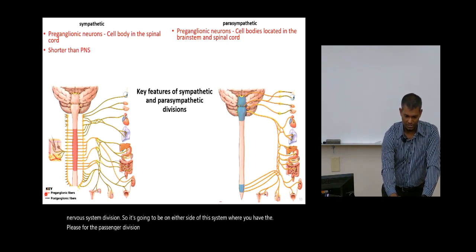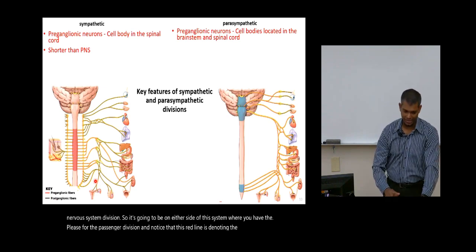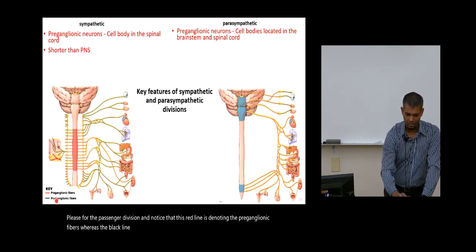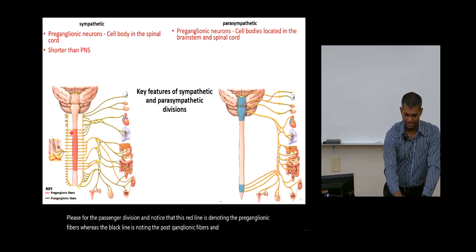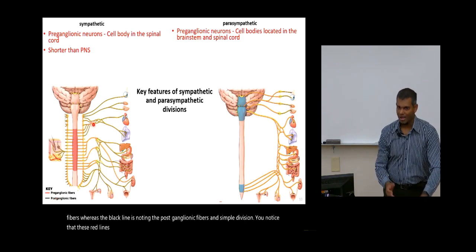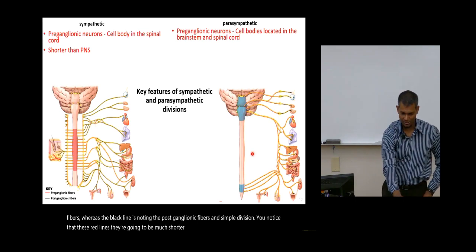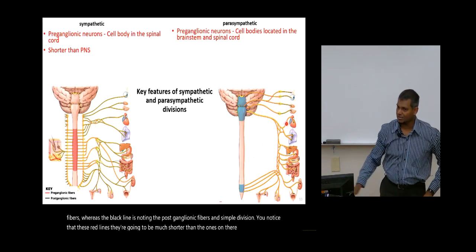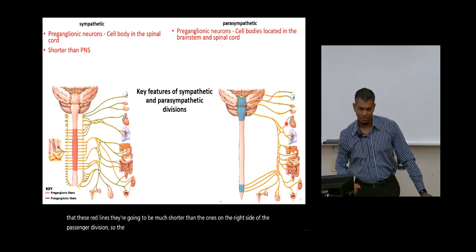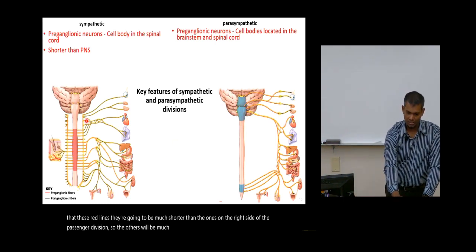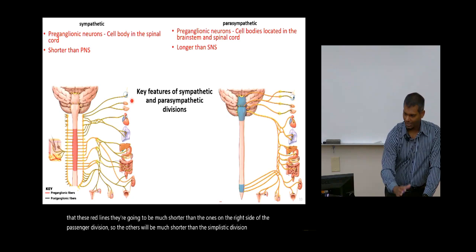And notice that this red line is denoting the preganglionic fibers, whereas the black line is denoting the postganglionic fibers. In the sympathetic division, you notice that these red lines are much shorter than the ones on the right side in the parasympathetic division. So the nerve fibers will be much shorter in the sympathetic division, and in the parasympathetic they are much longer.